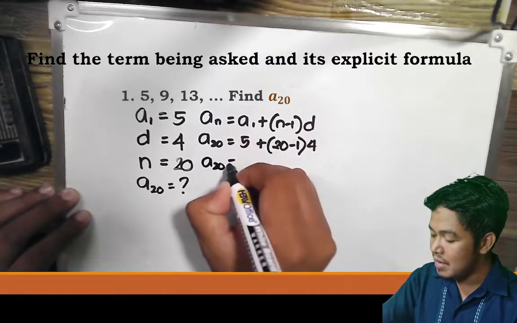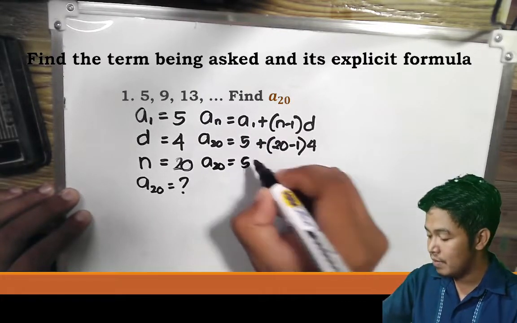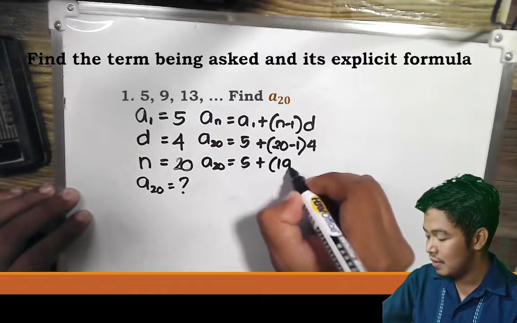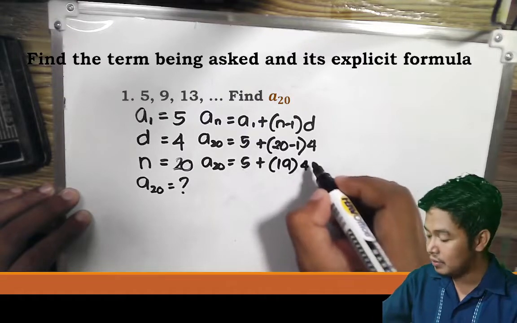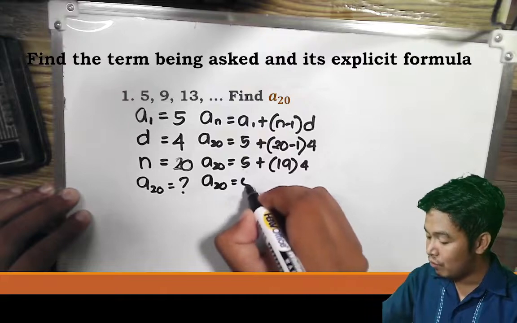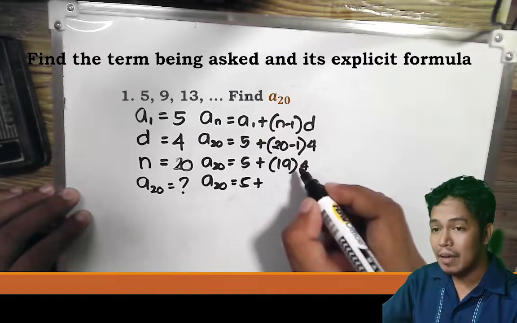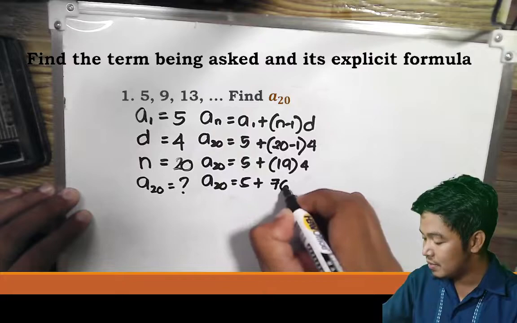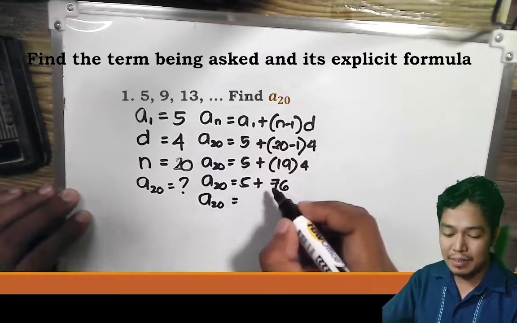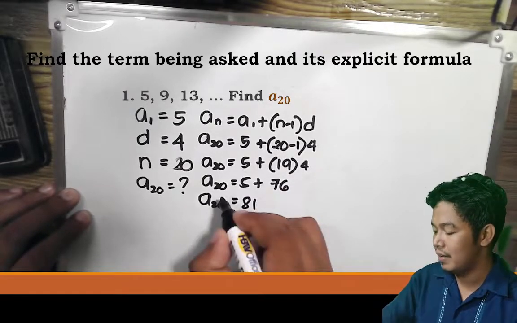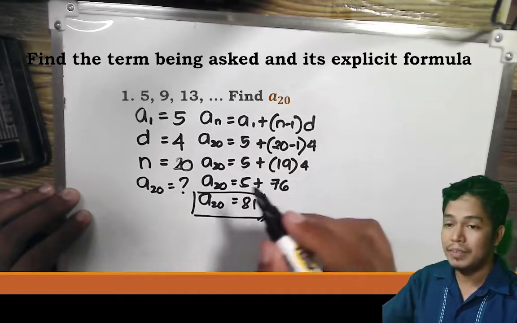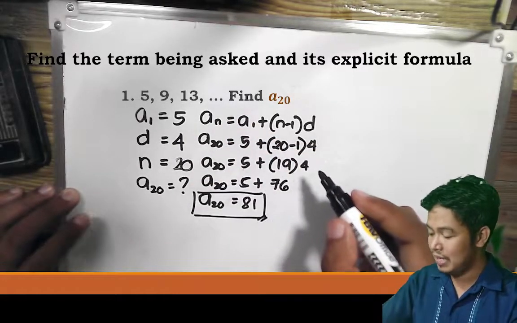A sub 20 is equal to 5 plus 20 minus 1 is 19 times 4. A sub 20 is equal to 5 plus 19 times 4 is 76. Then a sub 20 is equal to 5 plus 76 is 81. Okay. So that is our 20th number of the arithmetic sequence given.